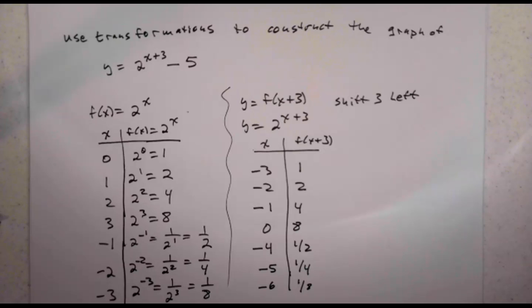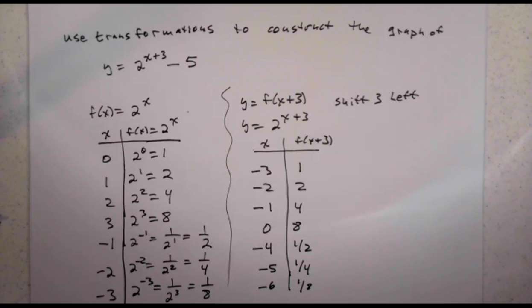So again, minus 3 becomes minus 3, minus 3, minus 2, minus 3, minus 1, minus 3, 3 minus 3, 2 minus 3, 1 minus 3, 0 minus 3.